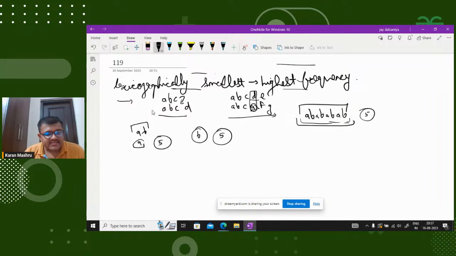But a is lexicographically smaller than ab, and b is greater than ab, right? So a is the lexicographically smallest substring with the highest frequency.